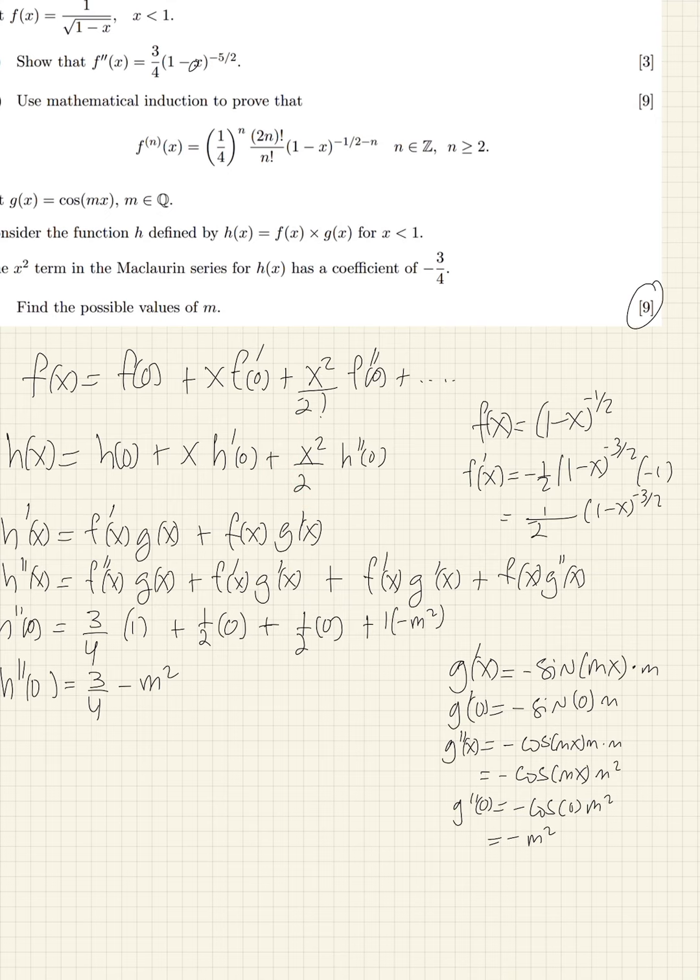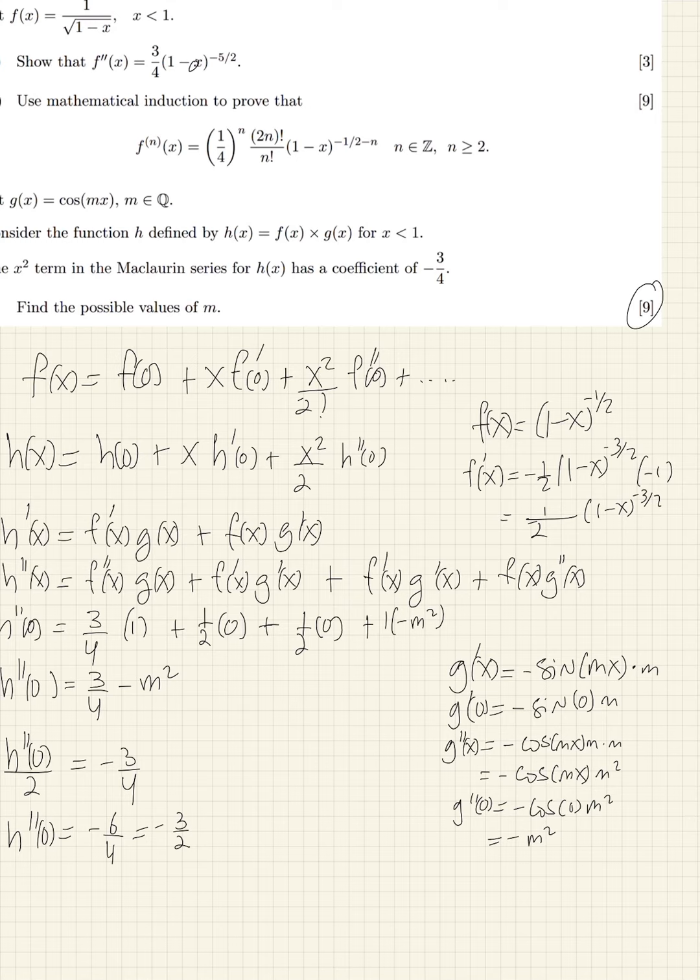And the coefficient of the term in x squared is h prime prime of 0 over 2. And that's equal to minus 3 over 4. Okay, that's equal to minus 3 over 4. So therefore, h prime prime of 0 is equal to minus 6 over 4, not over 8. It's equal to minus 3 over 2.